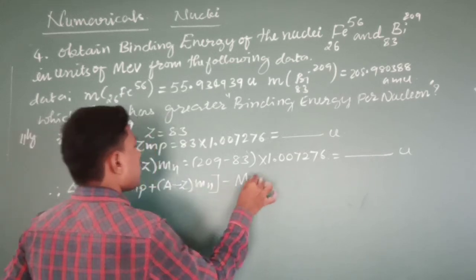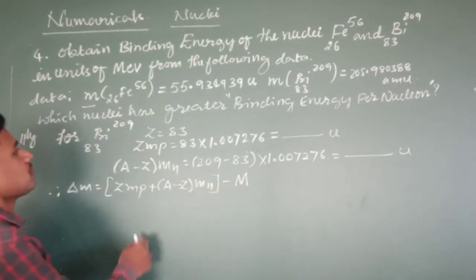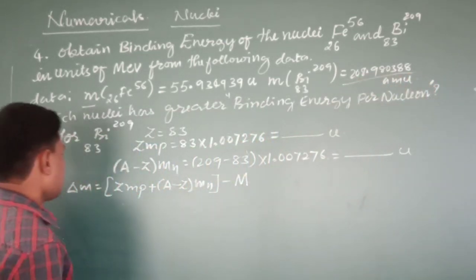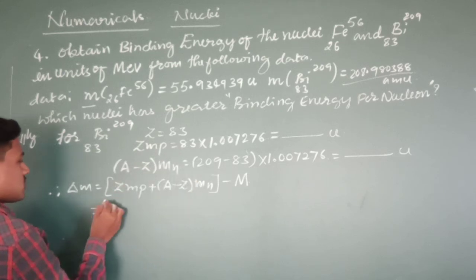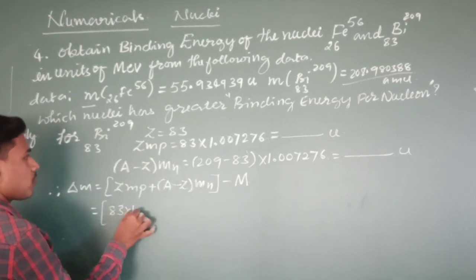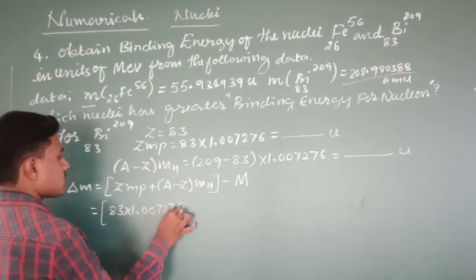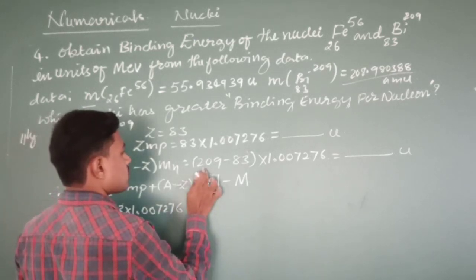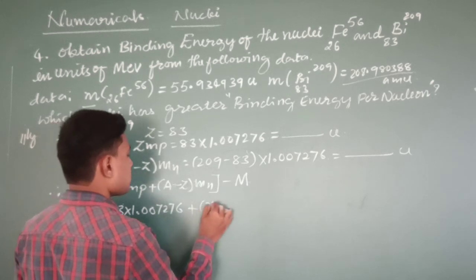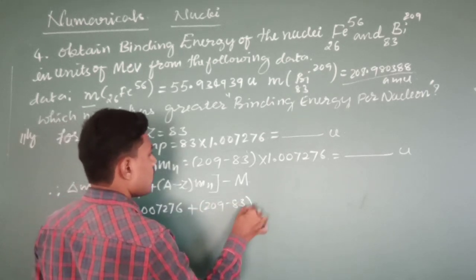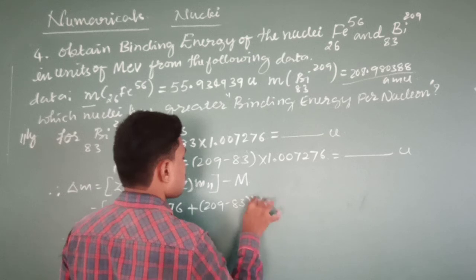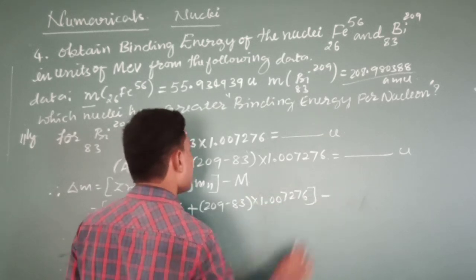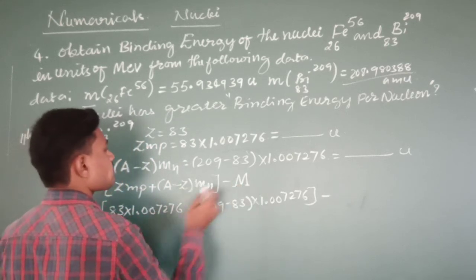minus actual mass. Actual mass is given for bismuth, how much? 208 point this value. So just this 83 into 1.007276 plus this 209 minus 83 into 1.007276 minus M. M is which one?